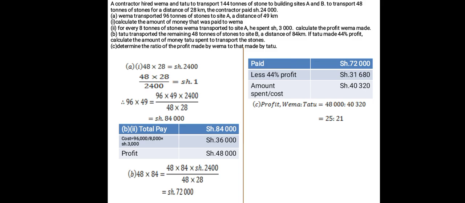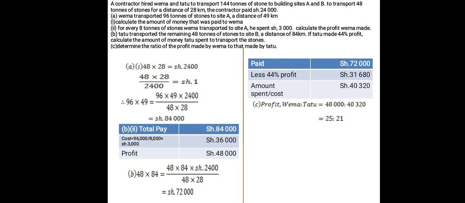Now we have another transporter, that is part B. You have been asked if he transported 48 tons to a distance of 84 kilometers, how much did he get? We do the same as we did for Wema.